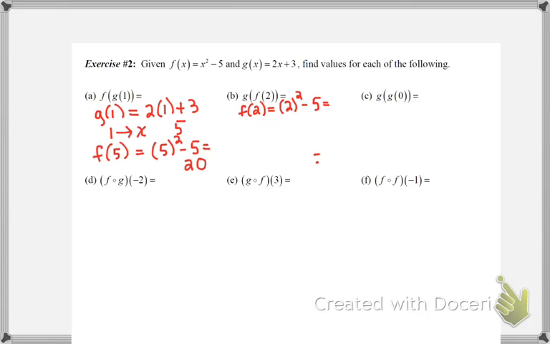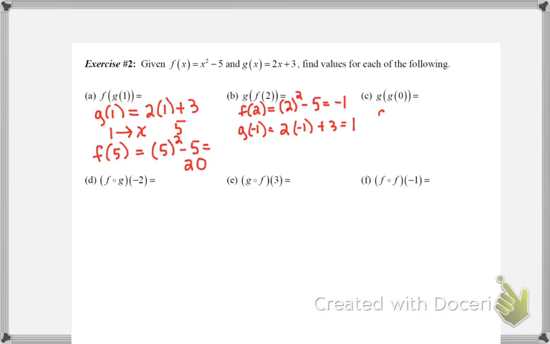Again, let's store 2 for x, do it in our calculator, and we'll get negative 1. We have g of negative 1, so that's 2 times negative 1 plus 3, and that is equal to 1.